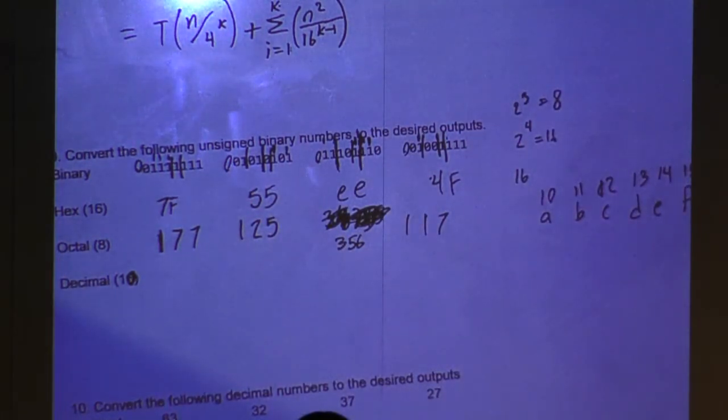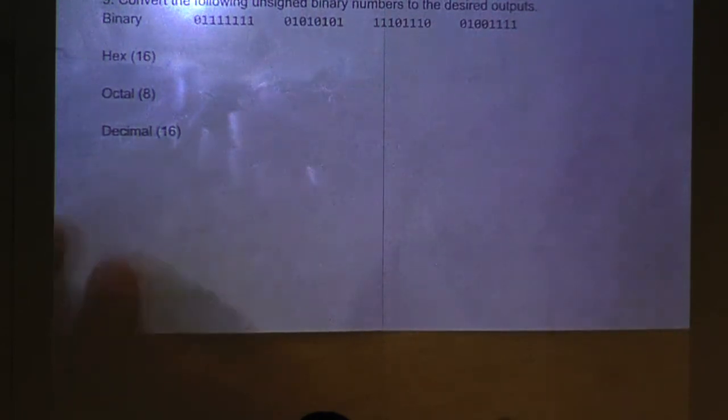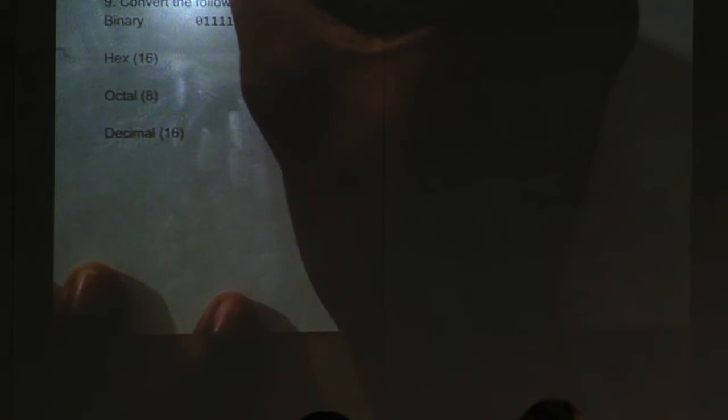So then it's going to get really messy if I write it on here, so I have another paper. I'm just going to put it on here. So then for decimal, each of these is going to represent 2 to the 0, 2 to the 1, 2 to the 2, and so on.